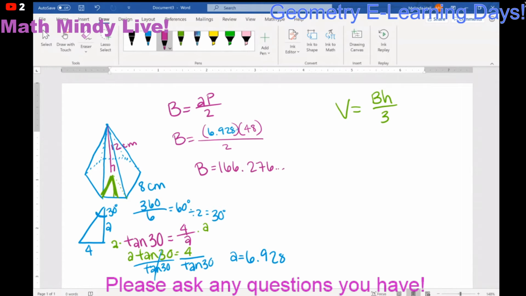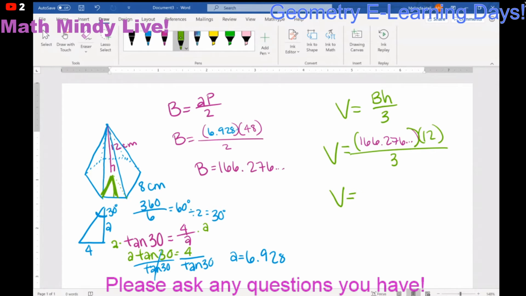Then you could take that number and plug it into the volume formula, because your base area is 166.276, blah, blah, blah. And your height, we already know, is 12. And that's all divided by 3. Again, without rounding as long as possible, you multiply it by 12 and divide by 3.